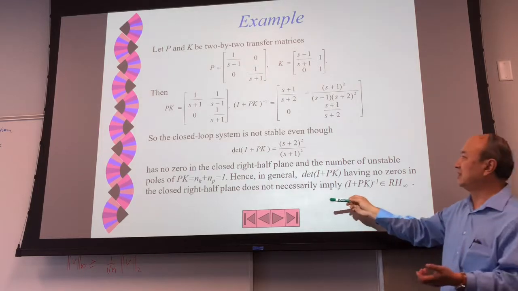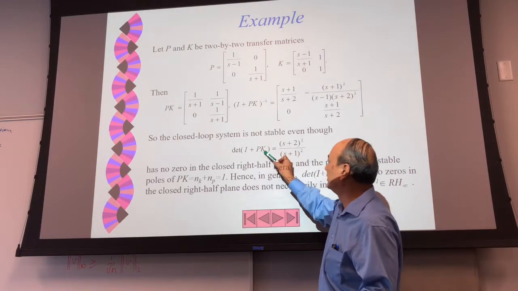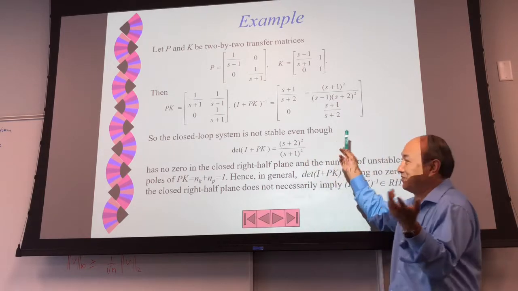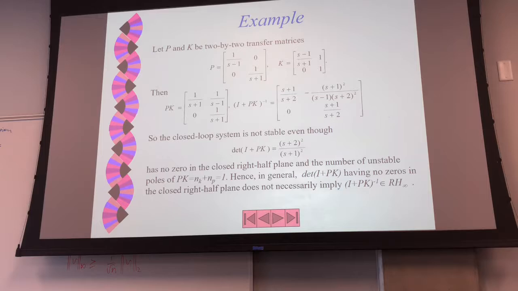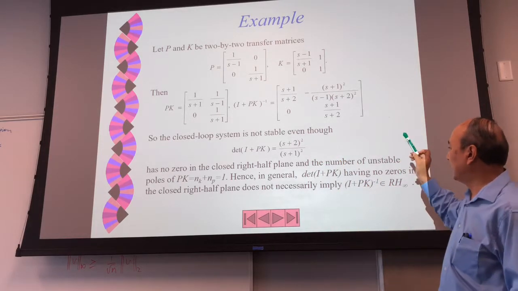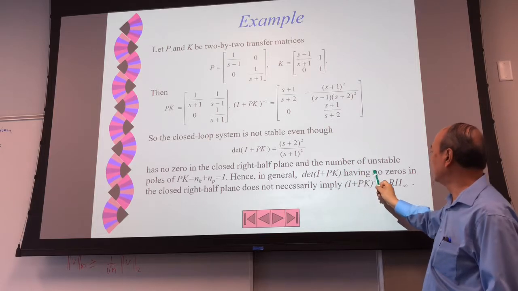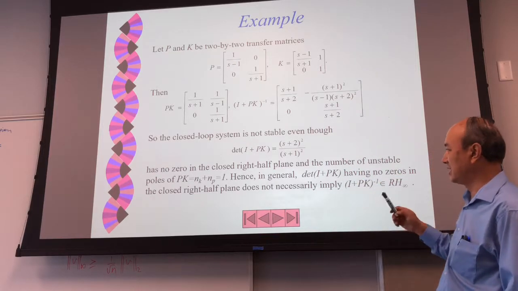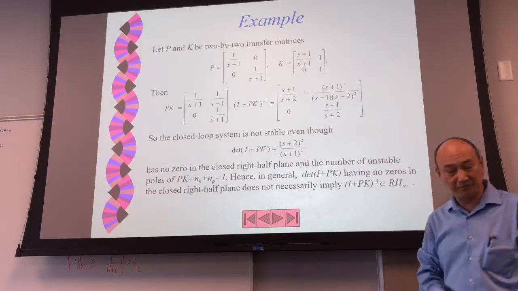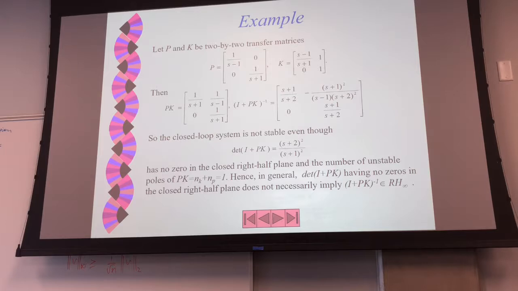In other words, we need to check this guy's determinant. But that's not enough. The determinant looks fine, but checking this is not enough. Having this determinant with no zeros in the closed right half plane does not necessarily mean this thing is stable, which is very true.